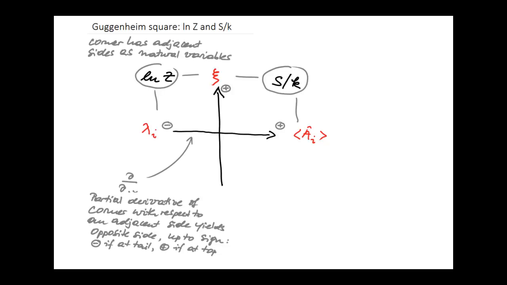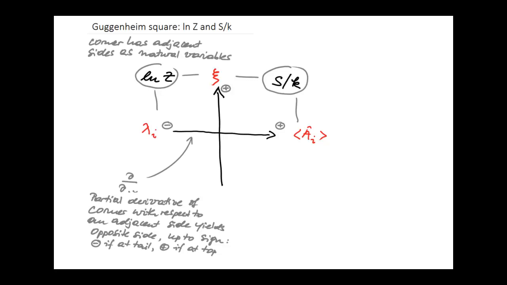Let's take the top right corner. Let's take the entropy, S over K. It's a function of xi and of the expectation values. Let's take the partial derivative with respect to an expectation value. This leads to the opposite end of the arrow, and hence it leads to lambda. So the partial derivative of entropy with respect to AI gives lambda.